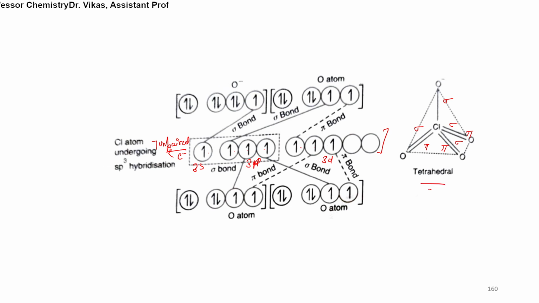Okay, tetrahedral, and only these one 3s and three 3p orbitals are involved in hybridization and form 4 sp3 hybrid orbitals. That further form bonds with oxygen atoms, and the perchlorate structure is formed.